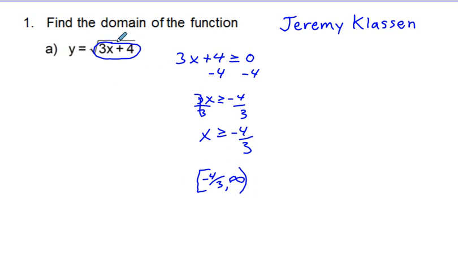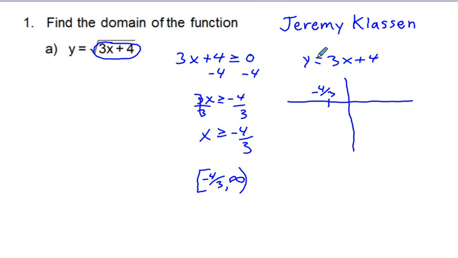Another way is to consider the function inside the square root bracket as y equals 3x plus 4. If we graph this function on an xy coordinate plane, we would have an x-intercept at x equals negative 4/3.